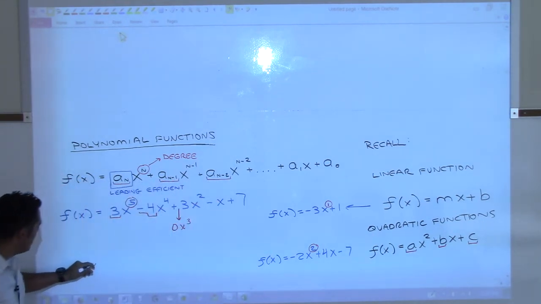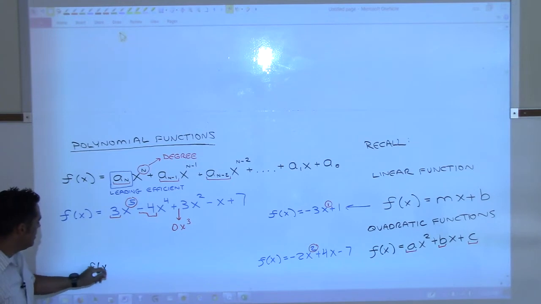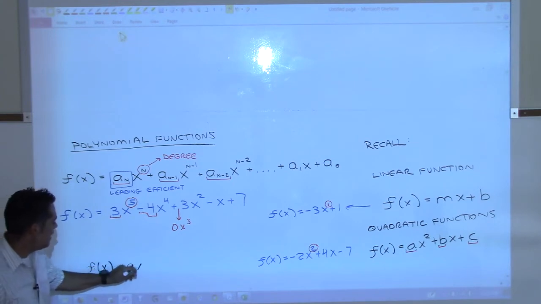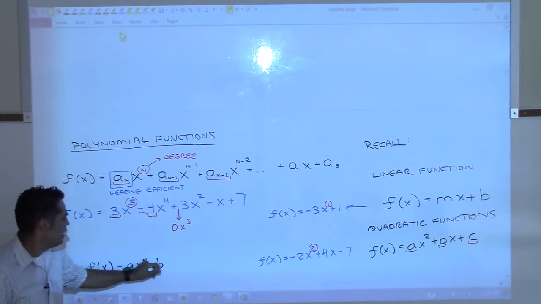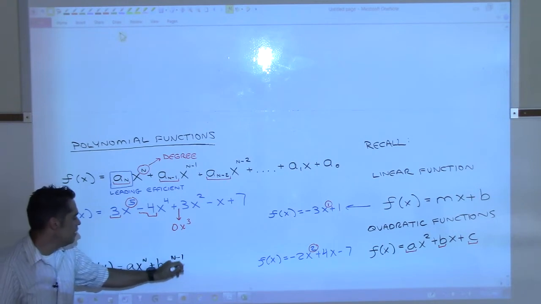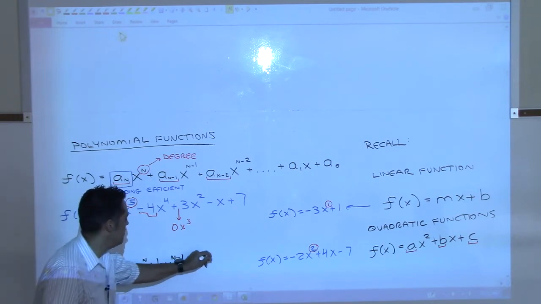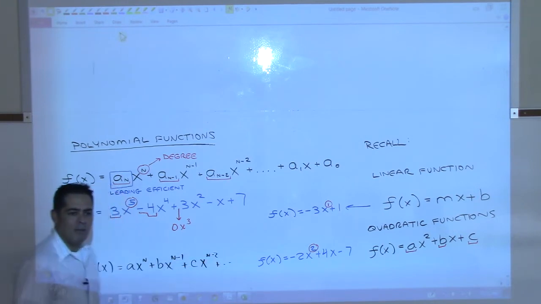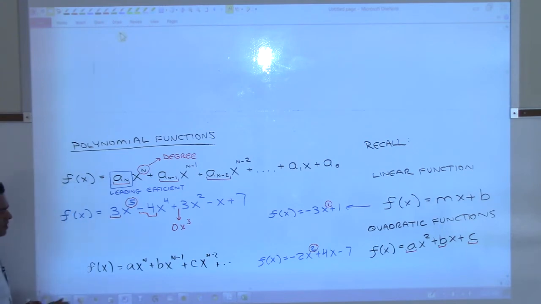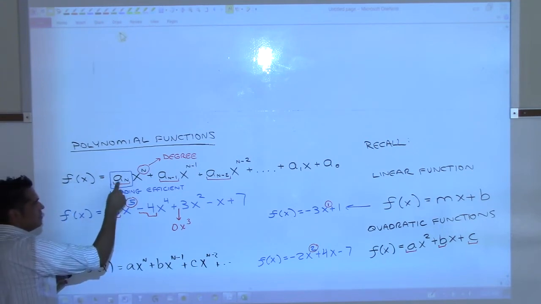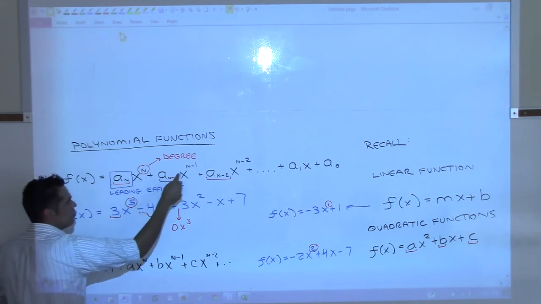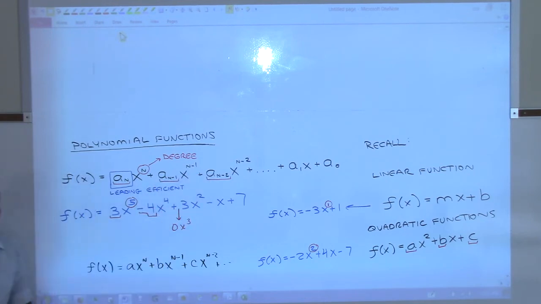Why not just say a polynomial is f of x equals a x to the n plus b x to the n minus 1 plus c x to the n minus 2 plus, and so on? Why go through this process of confusing everyone by using a sub n minus 1, a sub n minus 2? Can anyone figure out why we go to this instead of this?